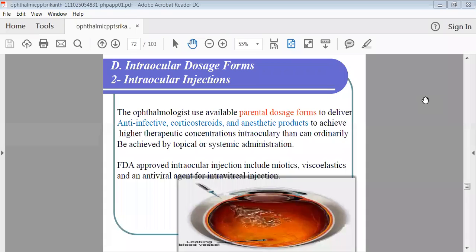Generally, we use FDA approved intraocular injections like viscoelastics as well as antiviral agents, then intravitreal injections and miotic agents. Such agents are used for the treatment of the eyes.